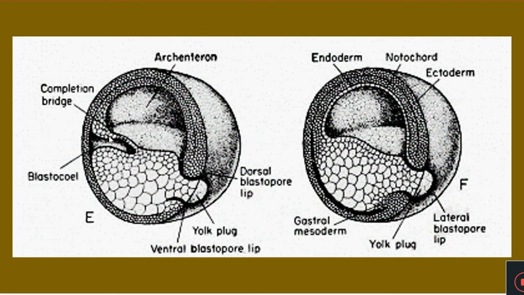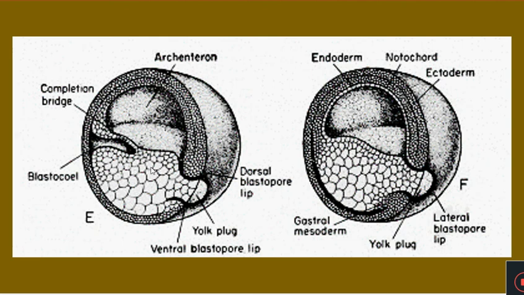It is only a very small thin cell layer, and sometimes this cell layer will rupture, thereby the blastocele becomes part of the Archenteron. So in some cases the blastocele will merge with the Archenteron by rupture of this bridging cell layer between these two.